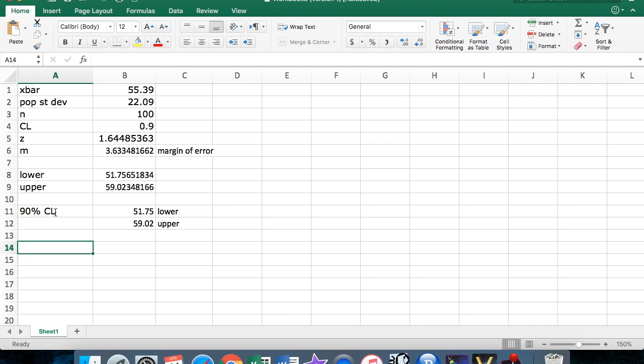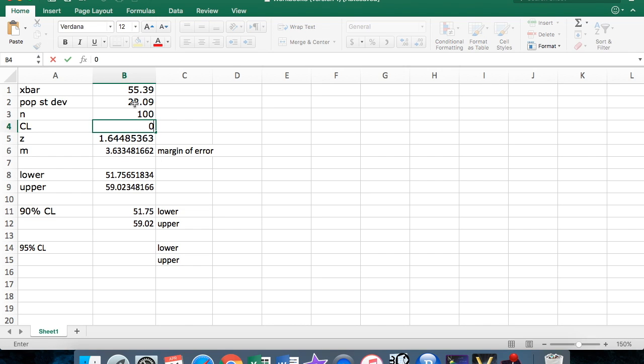Okay, but let's look at 95% and let's see how it changes. So I need my lower and upper. So for a 95% CL, let's do this. So I put here, now I do 0.95, so 95%. Okay, look at this.